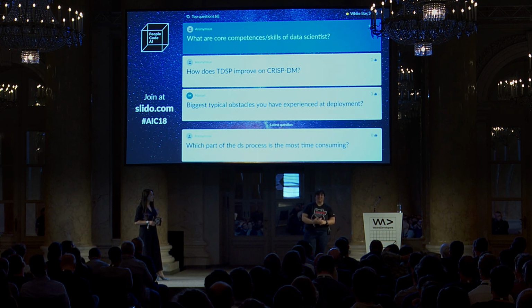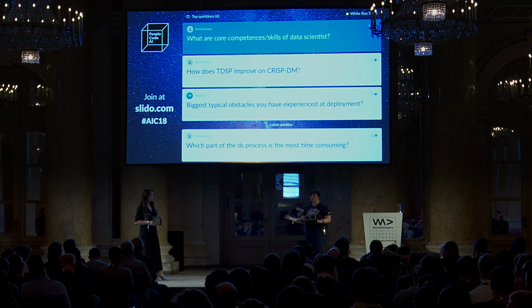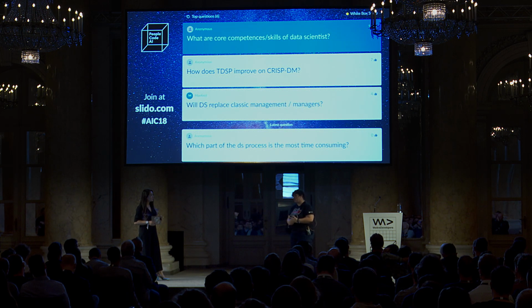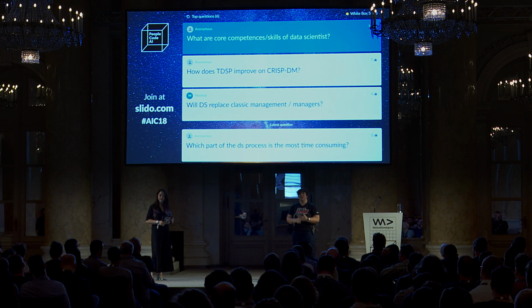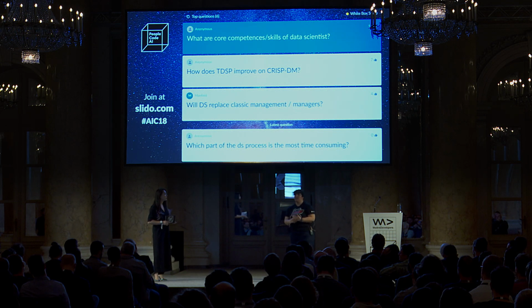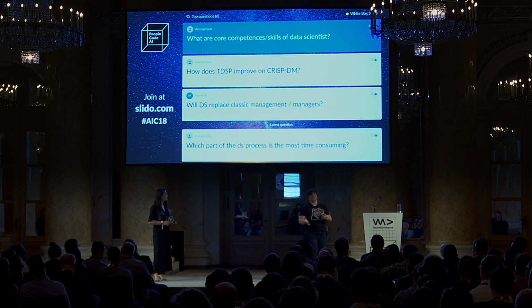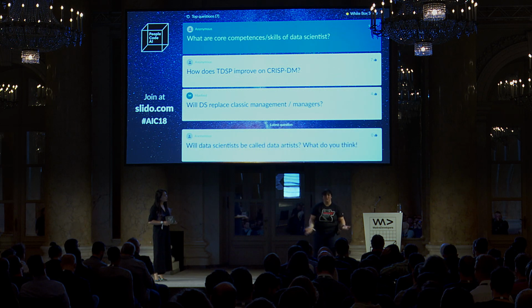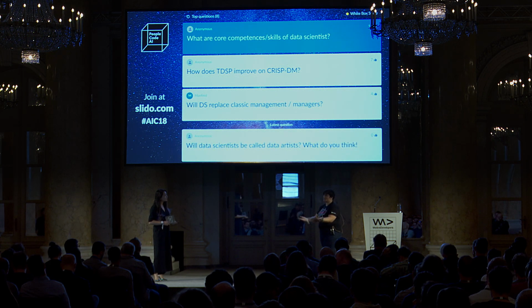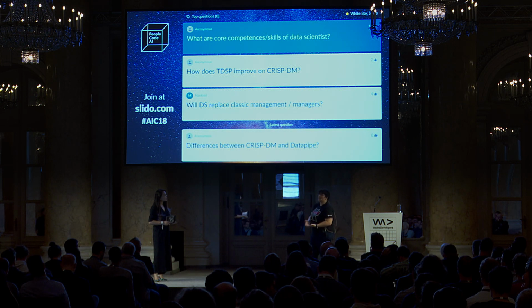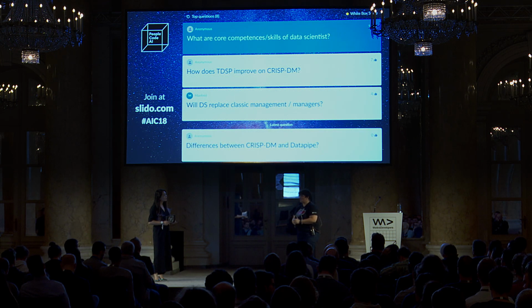Some programming skill also, because if you need to use R or Python, you need to program in some way. And probability too. It's another thing that's really important, because a lot of algorithms that you use are based on probability concepts, so you need to understand that part too. And of course, if you also have mathematical skills, it's going to help you understand in depth the algorithms that you are using.